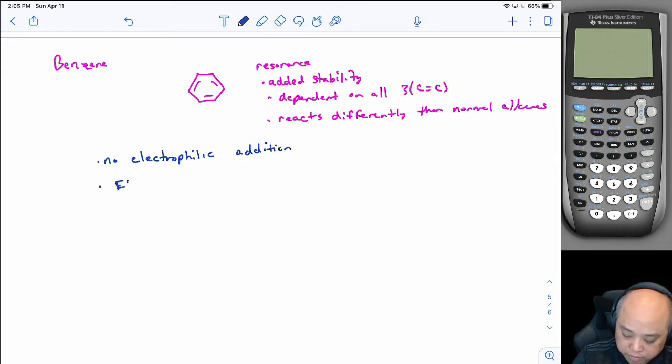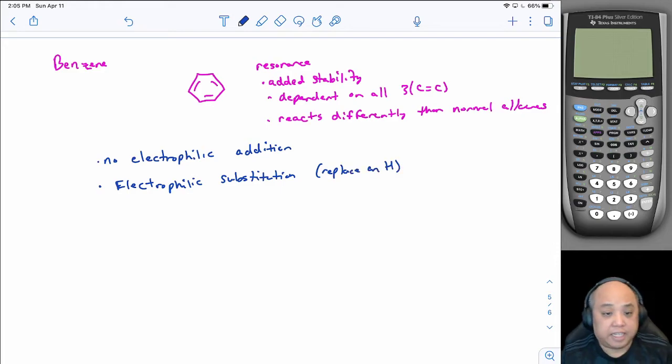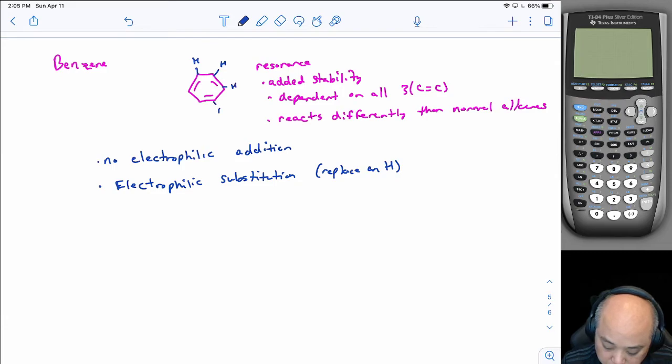What you do is electrophilic substitution, where you replace an H in the species. So the benzene itself will maintain its entire ring, but it will replace one of the H's that are attached on the carbons here with a different group. And that allows it to get more reactivity but not destroy its 3-ring alternating structure.